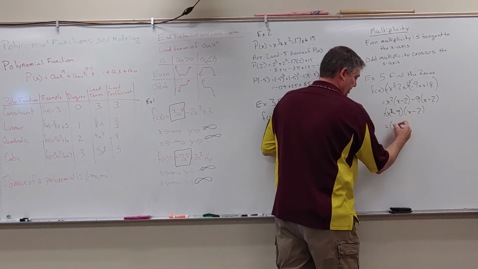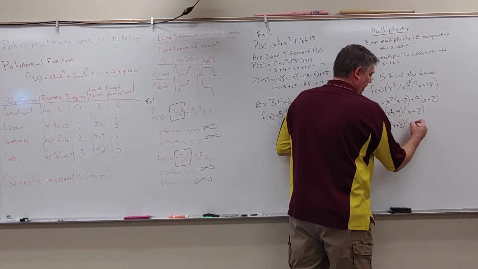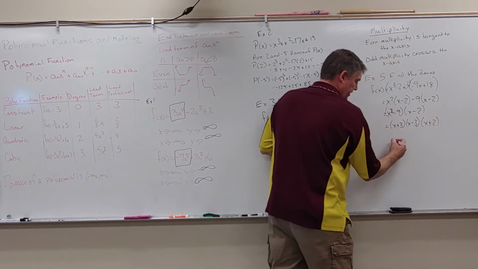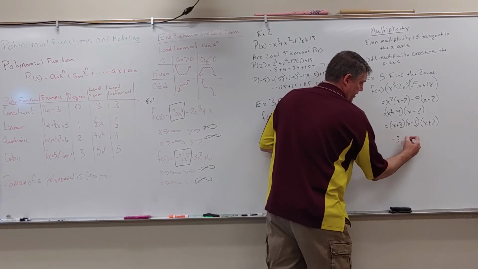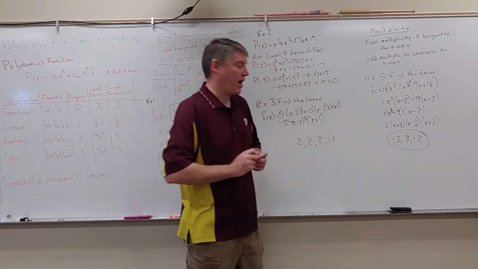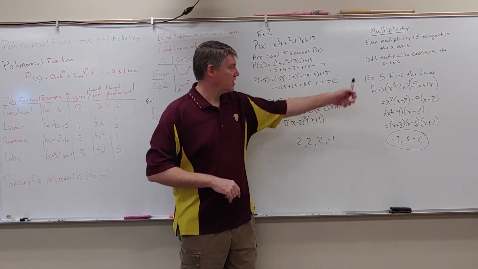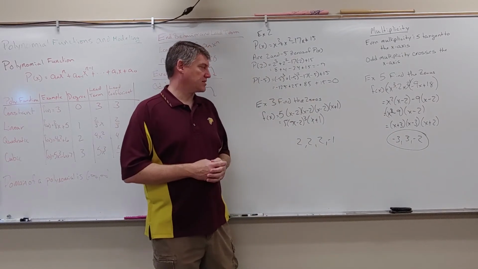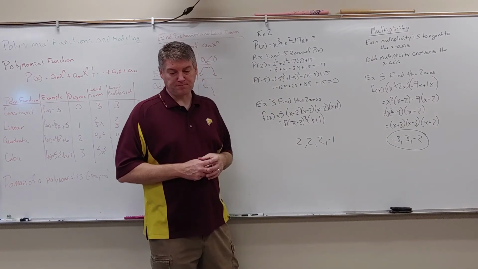This still factors into x plus 3, x minus 3, and x plus 2. So now my zeros are negative 3, positive 3, and negative 2. There's my zeros. It crosses at each one of those. It's an odd multiplicity. They all have 1. So that kind of gives us that look to it.